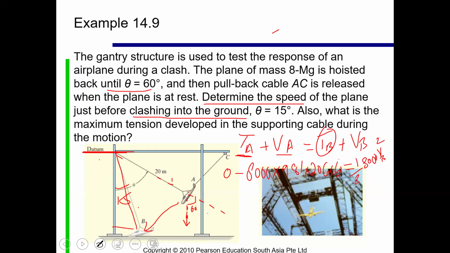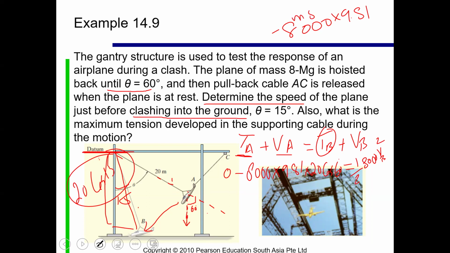It's here, and you technically need this distance. So this is 20 times cos 15, right? This is the height. So it would be minus 8,000 times 9.81, this is mg basically, and the height is equal to 20 cos 15.